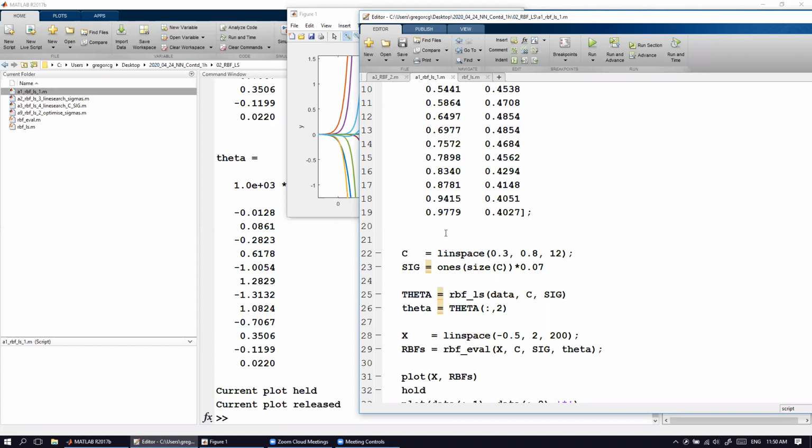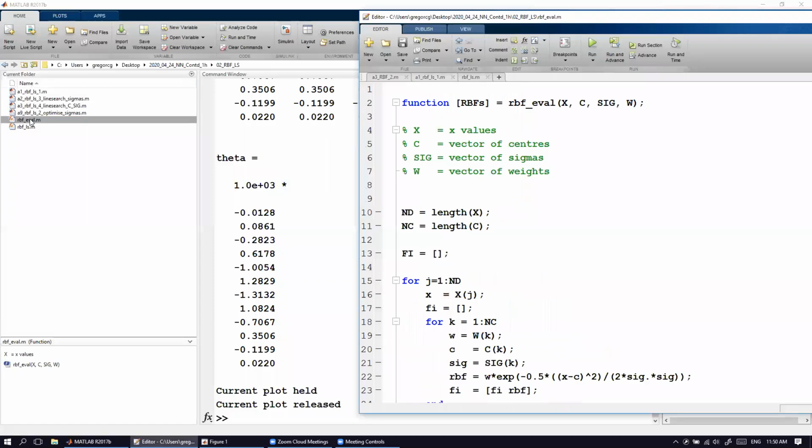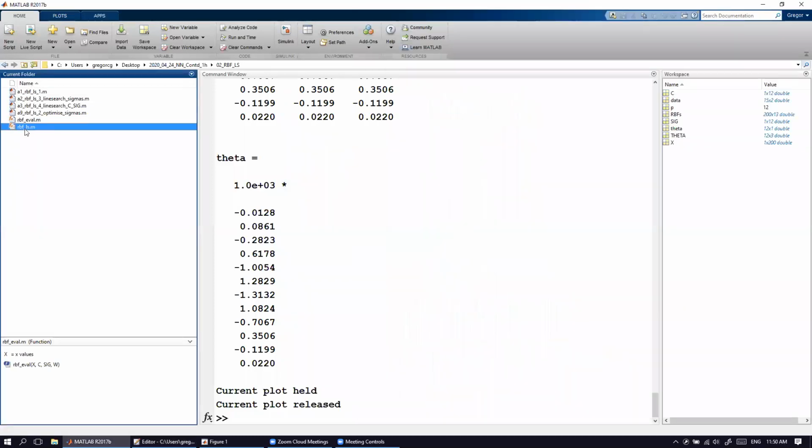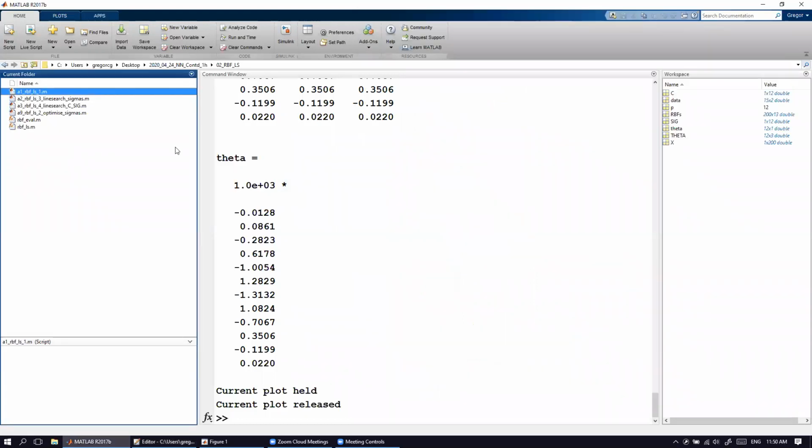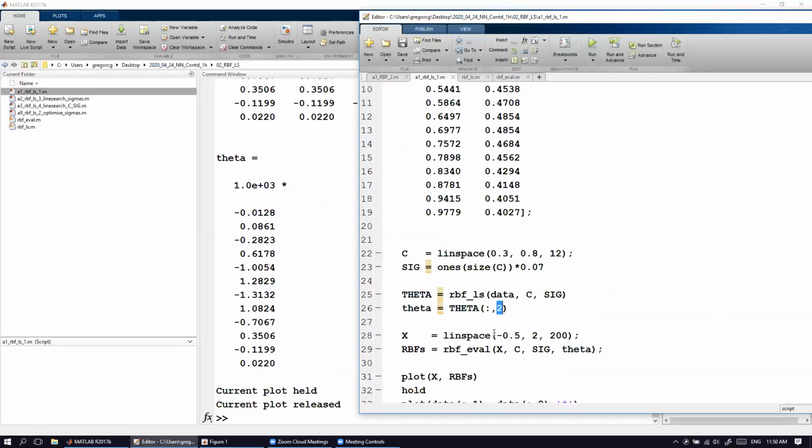Here the singular value decomposition and the pseudo inverse come into play. Instead of using the exact calculation using the least squares, I'm going to use the pseudo inverse with some level of tolerance. And so I'm going to use theta number 3.